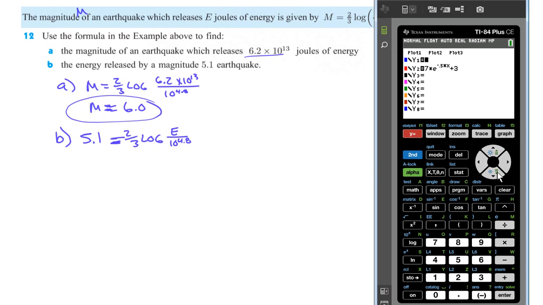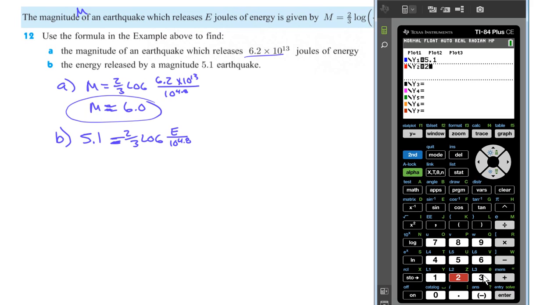So I'm going to do y equals 5.1, and then we want to know when that equals 2/3 of log. I cleared the whole thing out.